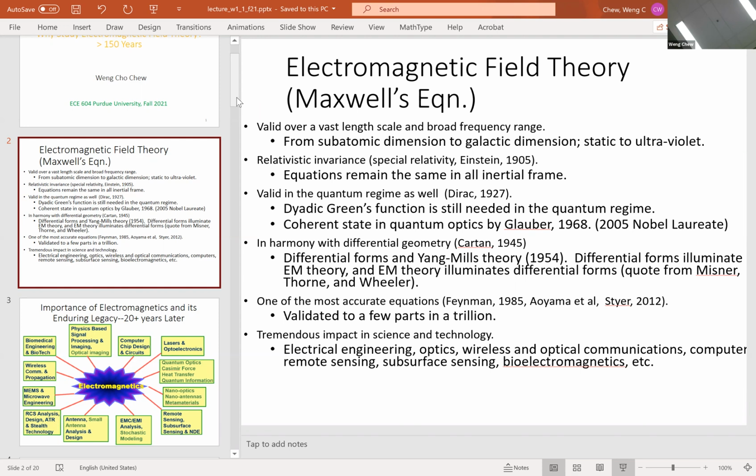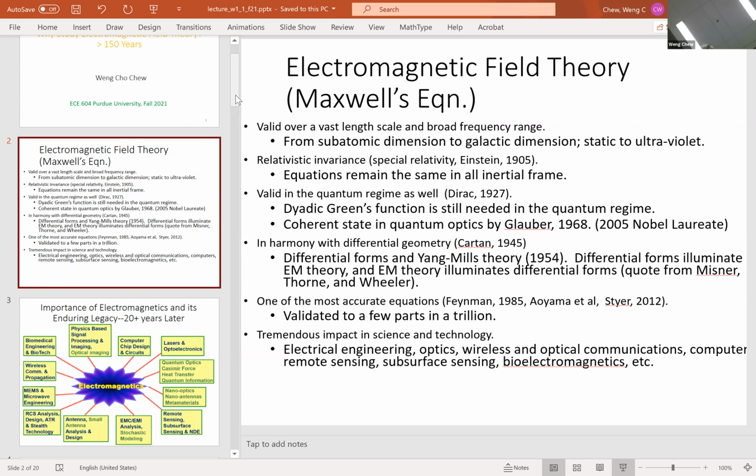So circuit theory can be thought of as being derivable from electromagnetic field theory, except for the transistors and the diodes part. In order to derive those parts of circuit theory, you have to go through other physical theories. Otherwise, a large part of electrical engineering is electromagnetic field theory.